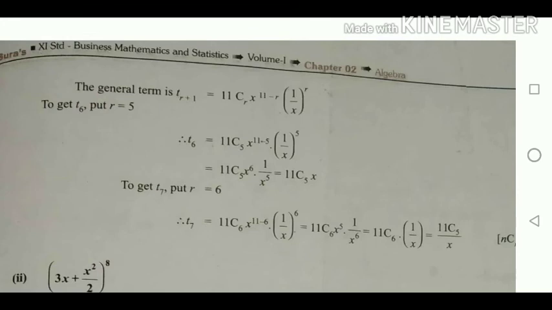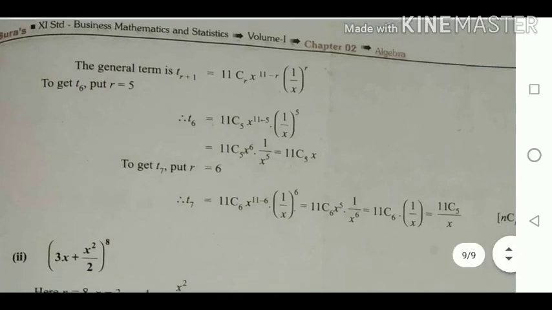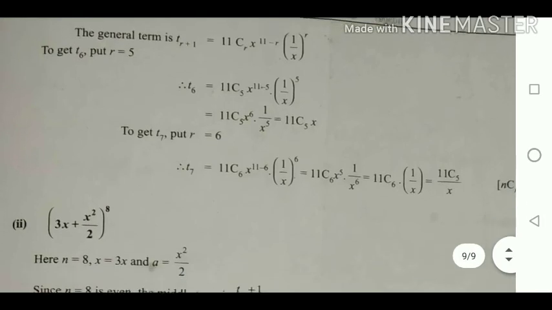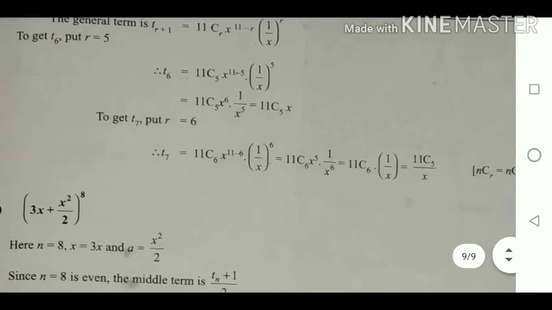Next, there are two middle terms, therefore we are finding T7. Here r equal to 6. So T7 equal to 11C6 x power 11 minus 6, 1 by x whole power 6. Here 11 minus 6 means x power 5, and x power 6 cancels, we are getting 1 by x. So that is 11C6 into 1 by x.